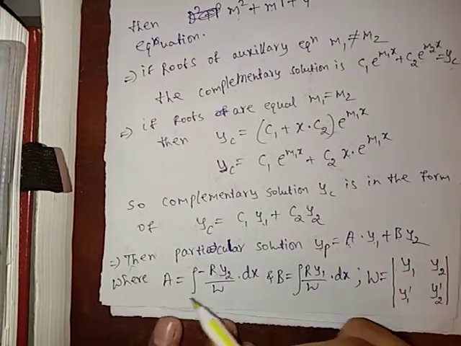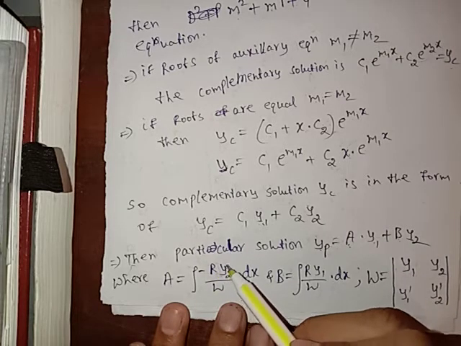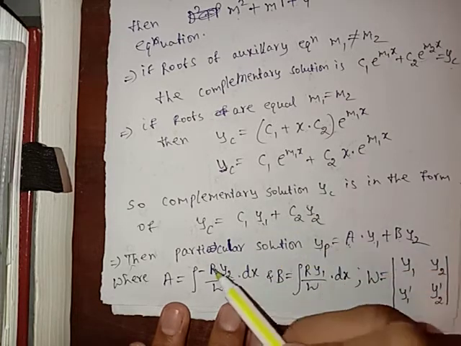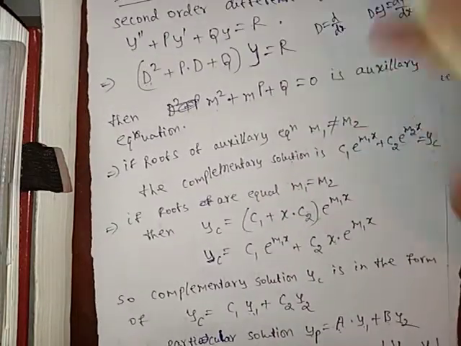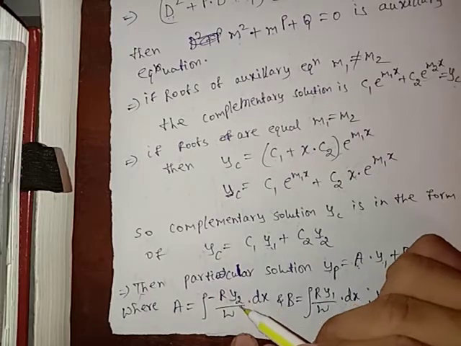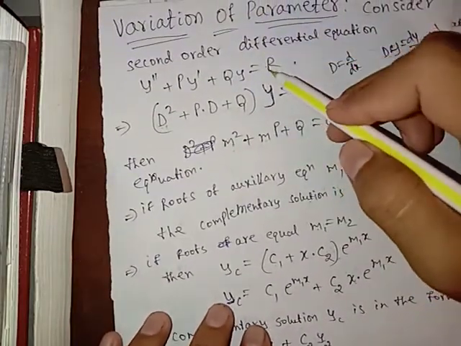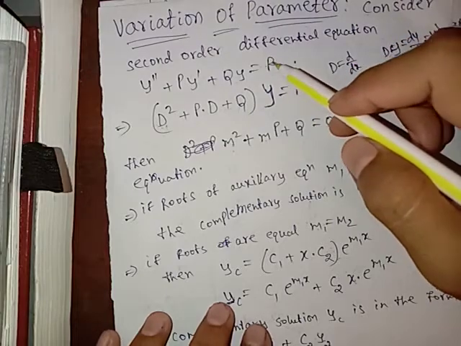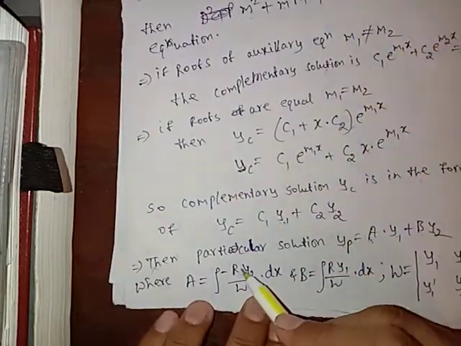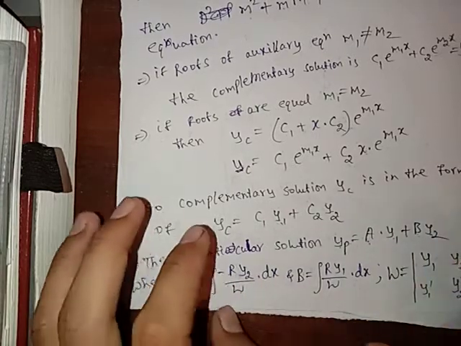So a is the integral of minus r y2 divided by W, dx. Here r is the right-hand side given in the differential equation. What is W?